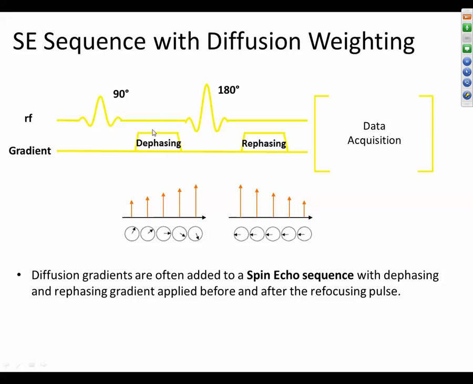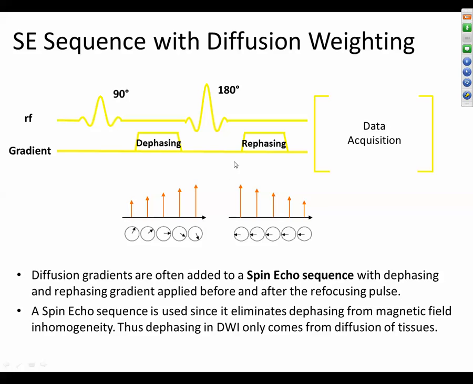Compare with this: one gradient is applied before the 180 and one is applied after the 180, so the direction is flipped. Later on, in most papers, if you see the diffusion-weighted sequence, it just looks like this. But what this means is, because one is before the 180 degree, actually the two gradients are in opposite directions. That's what we want to understand.